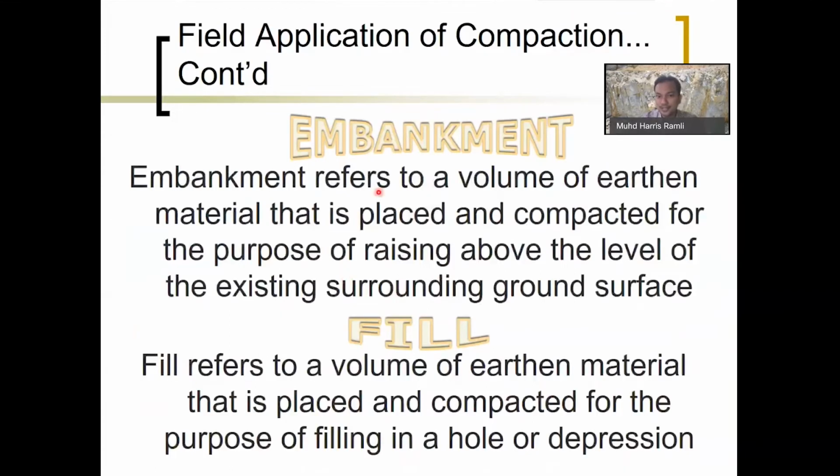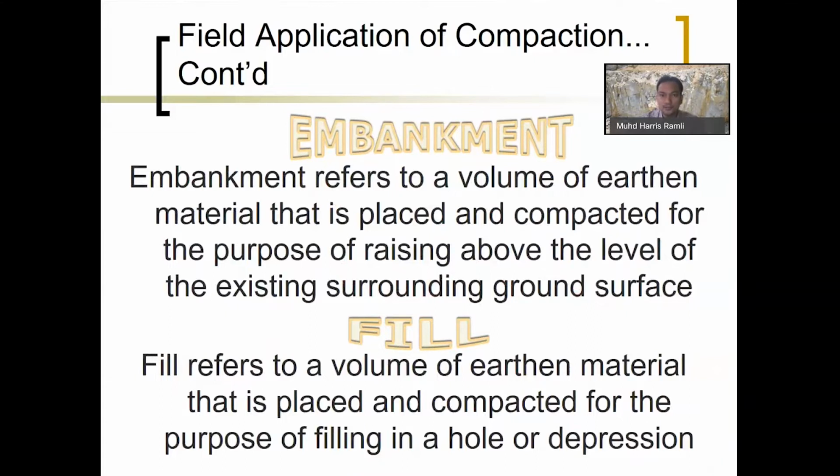So embankment is referred to a volume of earth material that is placed and compacted for the purpose of raising above the level of the existing surrounding ground surface. And you have another one, fill. Fill refers to a volume of earth material that is placed and compacted for the purpose of filling in holes or depressions.